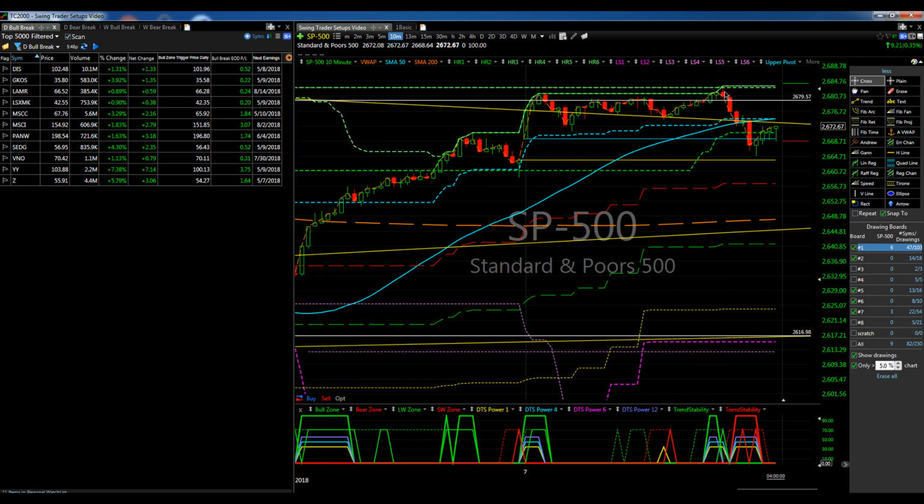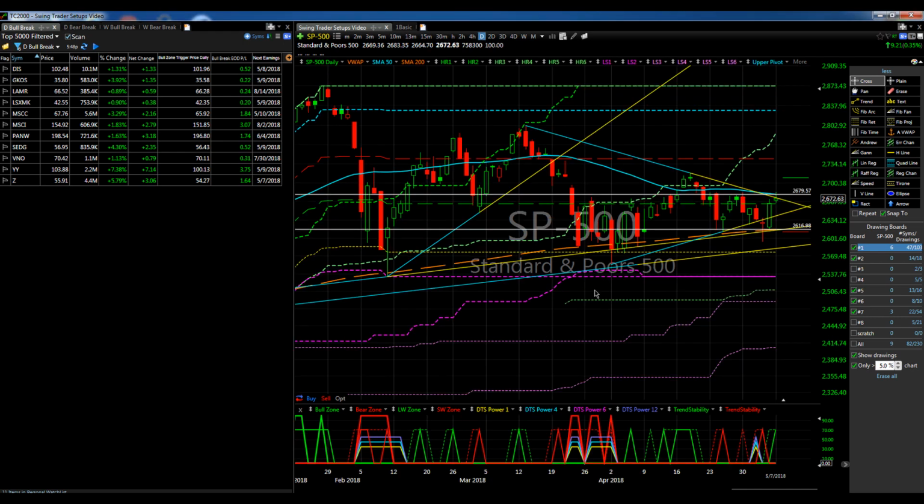So we went up and touched that high from the 30th of April, and that's where we stopped. So this is getting back to, that's the chart right here. There's your 30th. It also kind of coincided with Trump talking about announcing the Iran decision tomorrow at 2 o'clock. And that's about where that sold off.